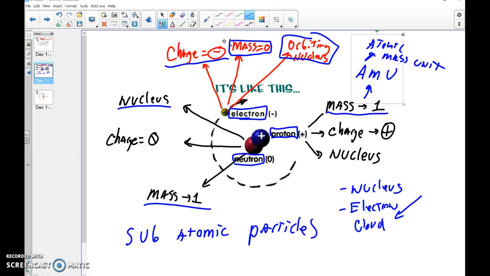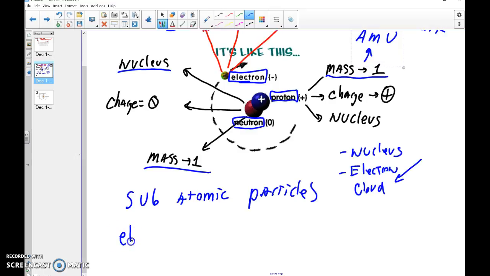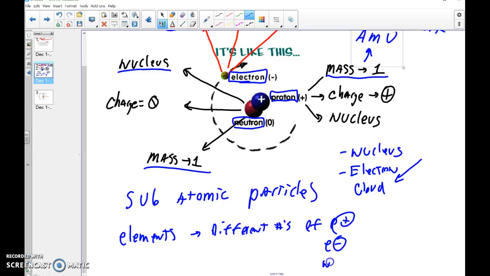And what makes the atoms different, what gives us our elements, is different numbers of protons. Specifically, it's the protons that give us the different elements. But if you have a different number of electrons and a different number of neutrons, what you get are different properties. And we know how important properties are when it comes to interacting with the physical world.